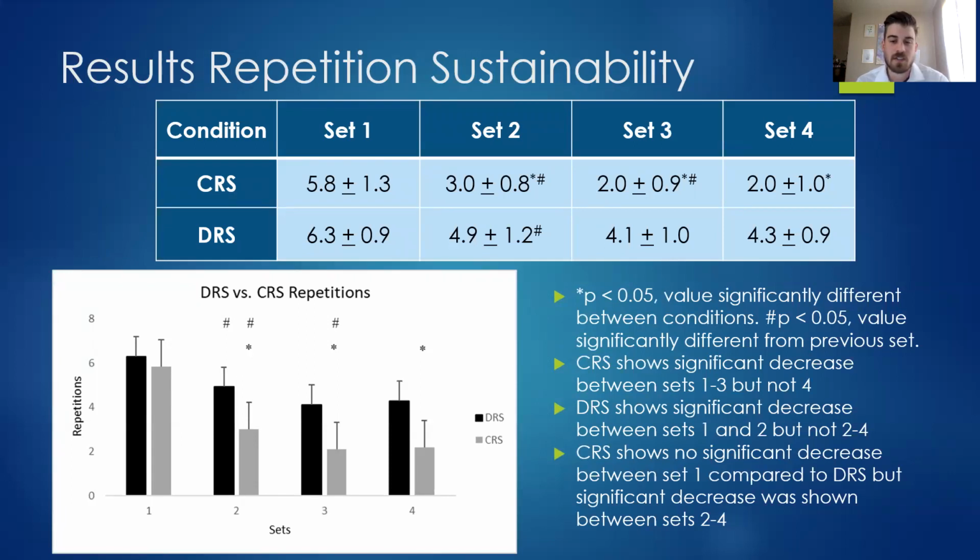So CRS shows significant decreases between sets 1 through 3, but not 4. And DRS shows significant decreases between sets 1 and 2, but not 2 and 4. Also, between conditions, we can look at CRS shows no significant decrease between set 1 compared to descending resistance sets, but significant decrease was shown between sets 2 through 4.